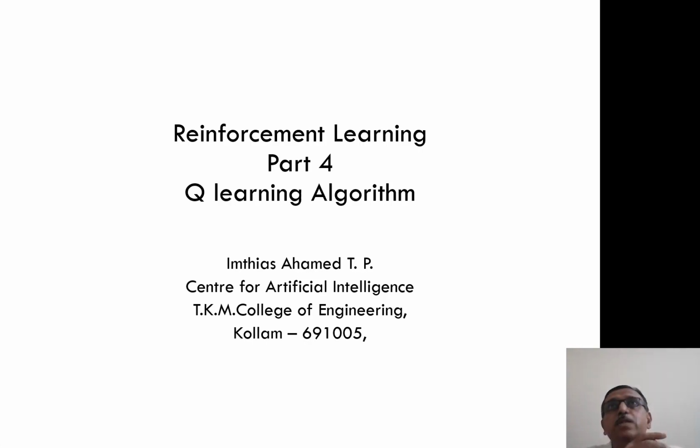Optimal Q value is denoted as Q star X A or Q X A, and if we can learn Q X A, then we know the optimal policy. Optimal policy will be argmin of Q X A. So let us see the algorithm.